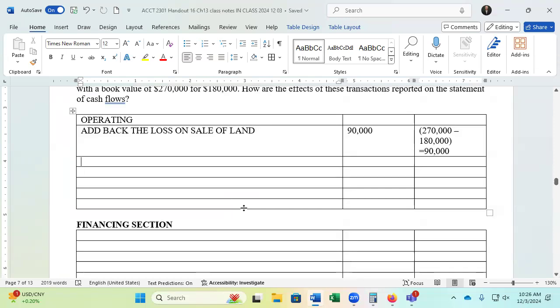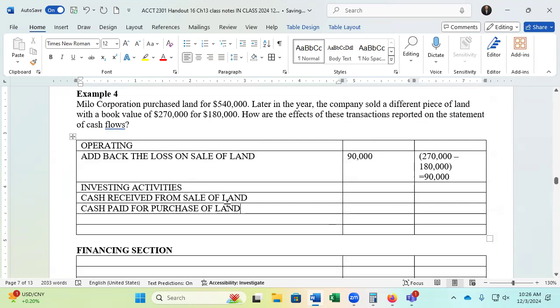And then you would have investing activities. You would have cash received from sale of land, and you'd have cash paid for purchase of land. Your first one is the 180,000, and that's an inflow. The outflow would be 540,000 for the purchase of different land.